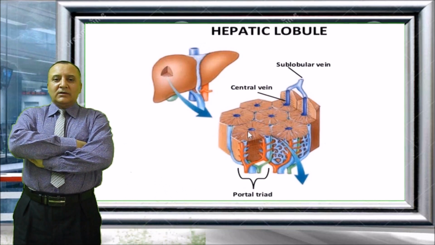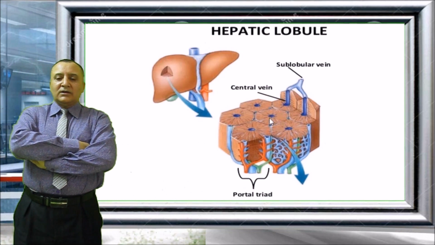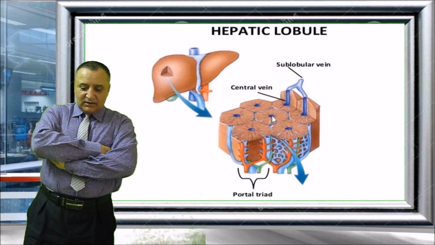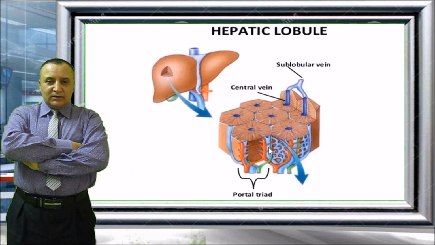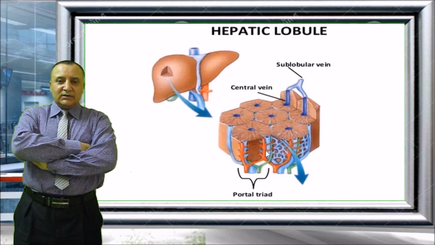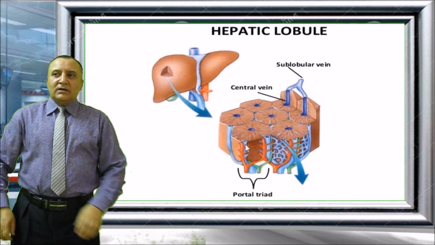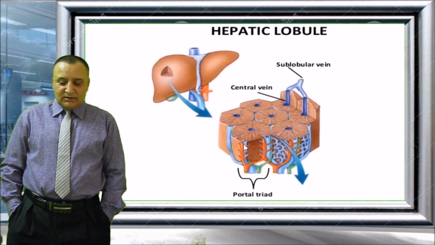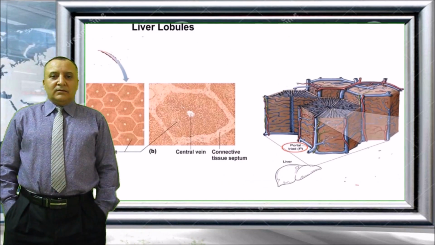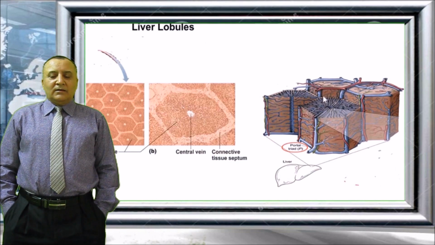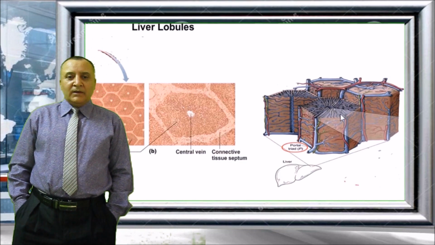In the center of these hexagonal lobules is the central vein, and the 3 vessels, the portal venule, hepatic arteriole and bile ductule, are at the corners of these hexagonal surfaces. So here you can see the liver lobules, the building blocks of the liver.